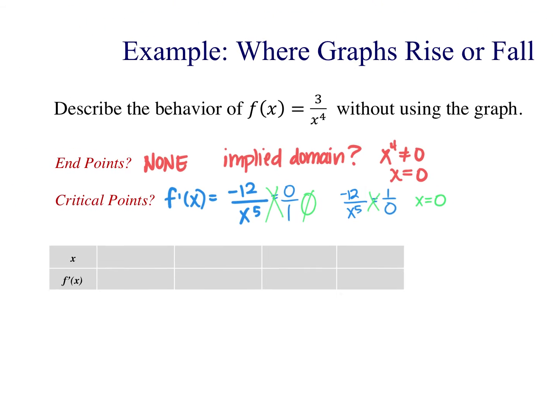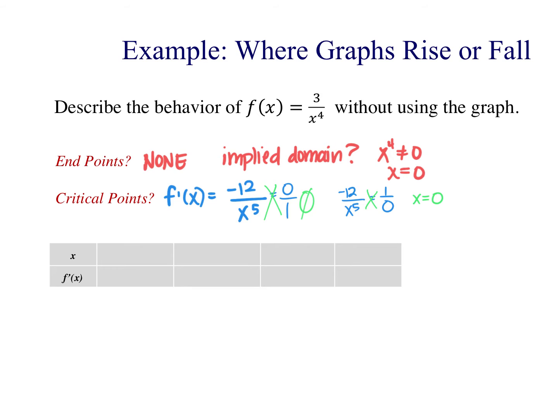So I go to my chart, and 0 is the only number I have to think about. So I have x less than 0, x greater than 0. All right. Now I've got to figure out if the derivative is positive or negative here. All right, so Jeffrey, pick me your favorite number that's smaller than 0. -1.